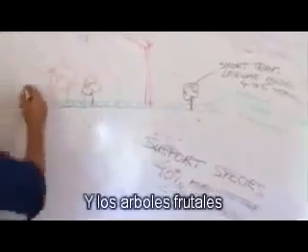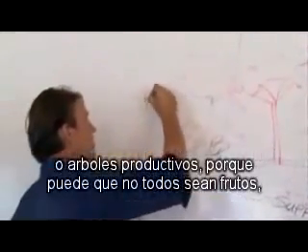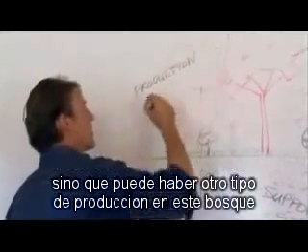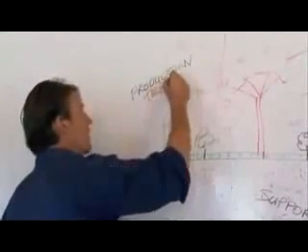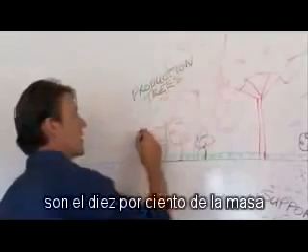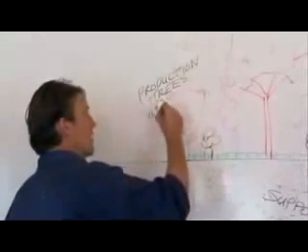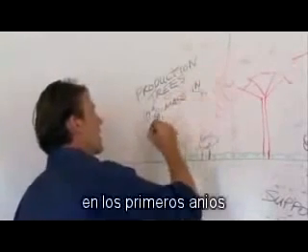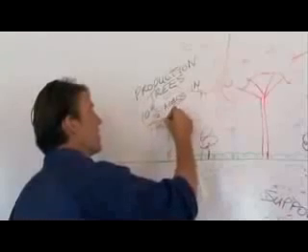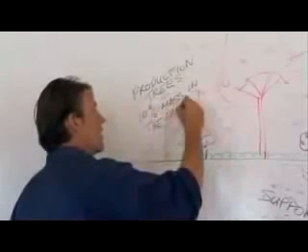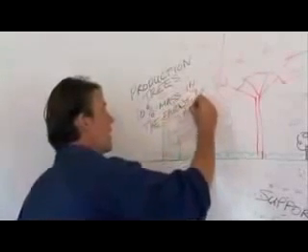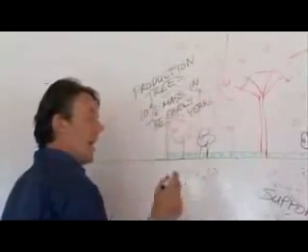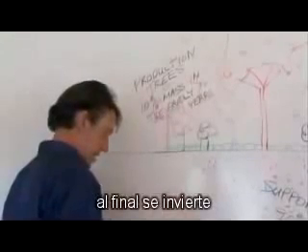And the fruit trees, or the productive trees, because they might not all be fruit, there might be other types of productions in this forest. The productive trees are 10% of the mass in the early years. At the end, it reverses.